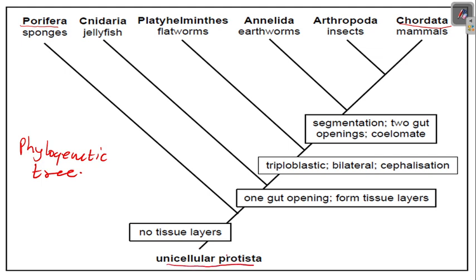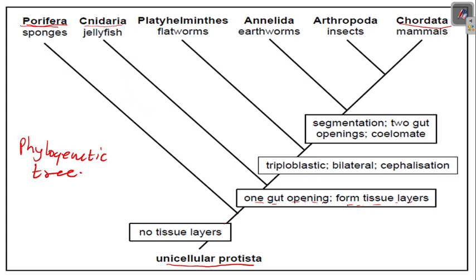So it's very easy to read this diagram. The unicellular protista had no tissue layers, and from the unicellular protista evolved the sponges, your Porifera, and then from there, over time, they had one gut opening, and then they formed tissue layers, and those organisms were known as Cnidaria.